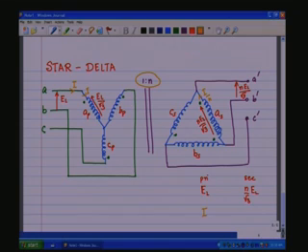Now, this I by n, when it comes onto the line, gets multiplied by root 3, because the relationship between the line and the phase in the delta is root 3 I by n. So, the current that you will get here is root 3 by n into I. Simple, isn't it?